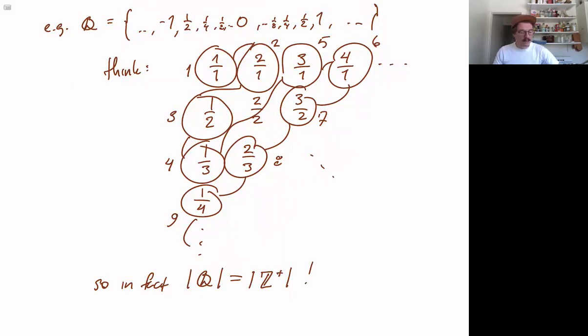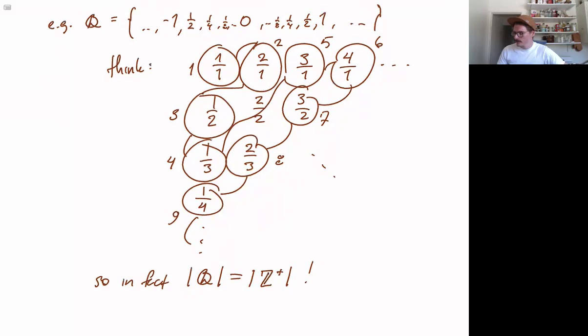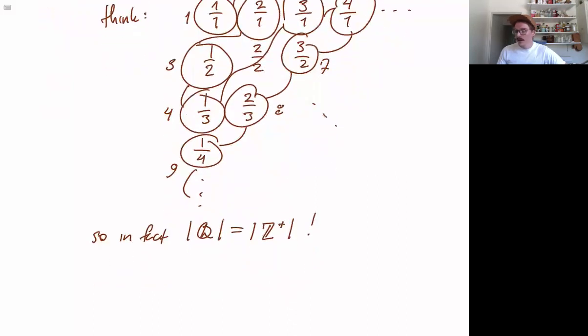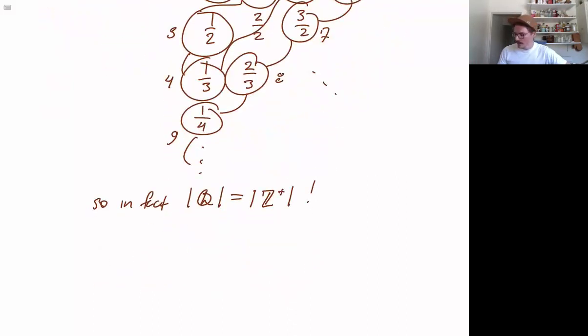And when I first saw this, I was very surprised. To me, this is very, very counterintuitive. It's a really nice example of the strange things that happen when you think about the sizes of infinite sets. And again, we can draw sort of a general conclusion from this example.